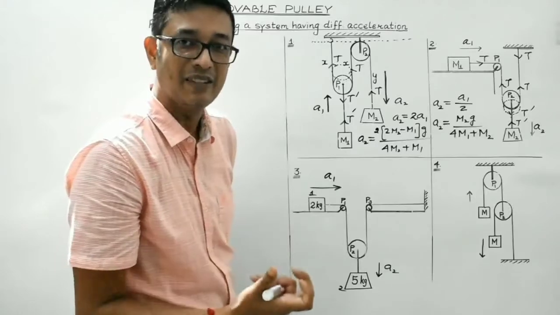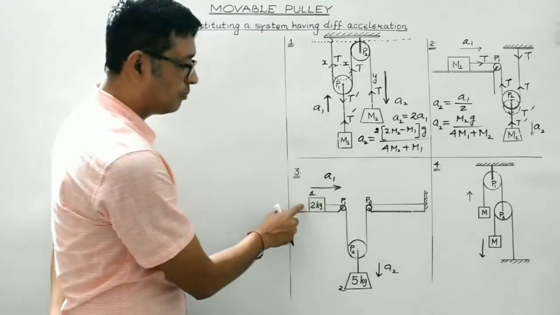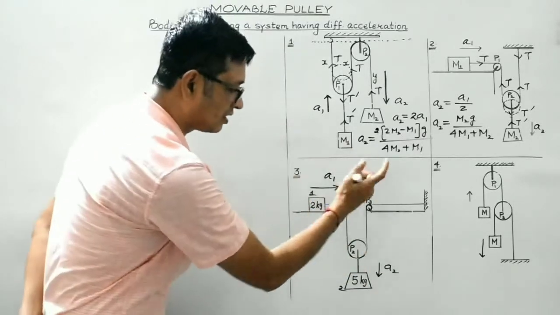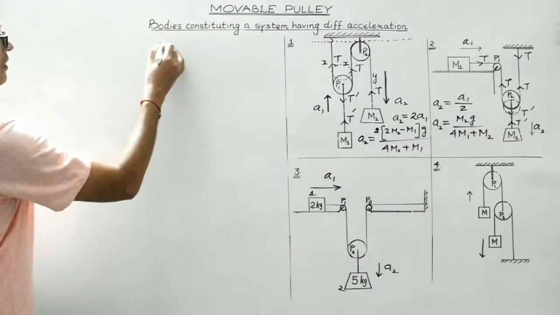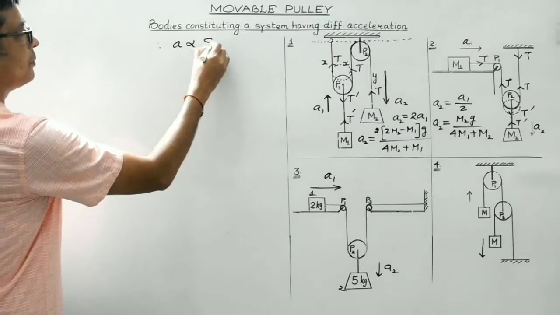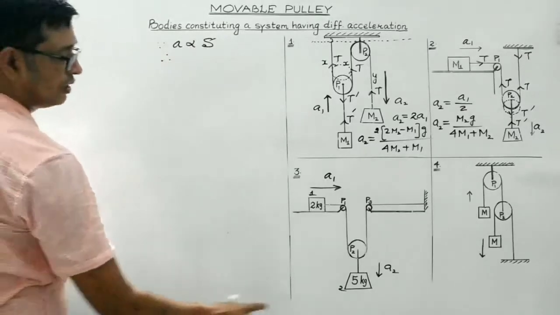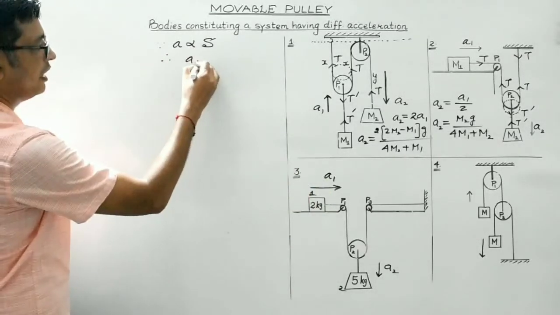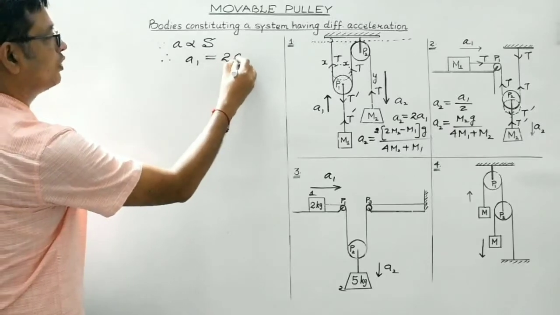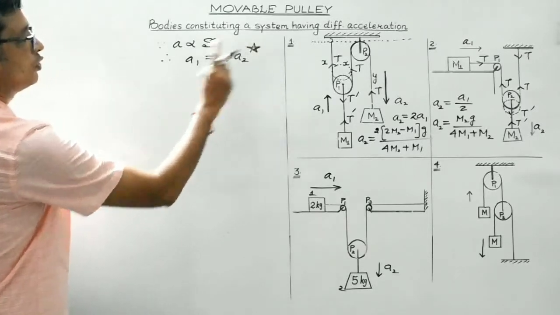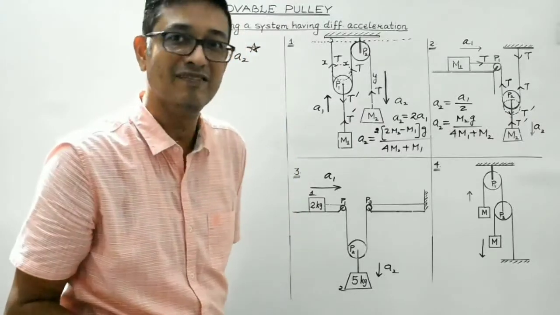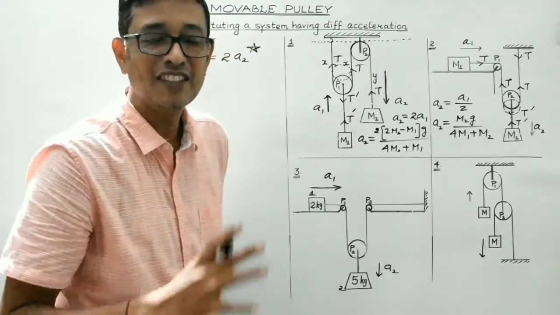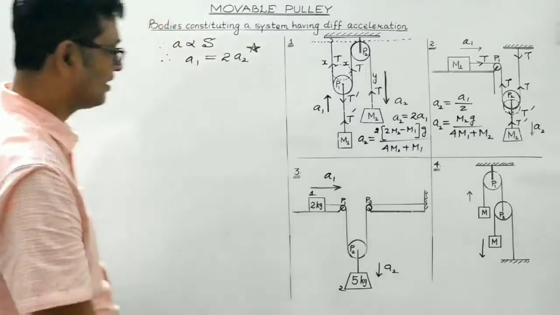So in the same time, the body of mass 2 kg will cover twice the distance covered by the body of mass 5 kg. And since acceleration is directly proportional to displacement, therefore here A1 must be equal to twice of A2. So this relationship is to be obtained simply by using your brain. Just visualize, just try to apply logic, right?